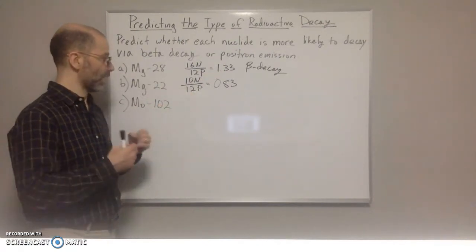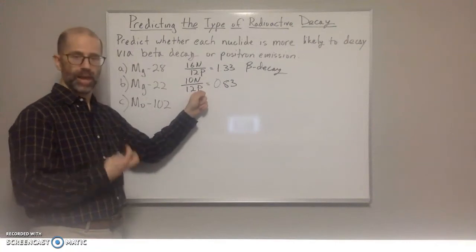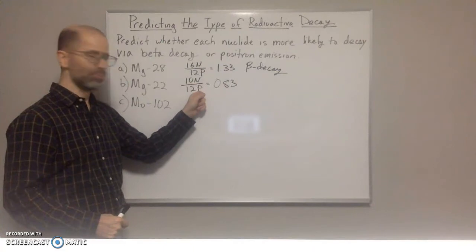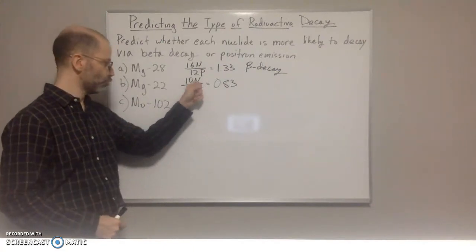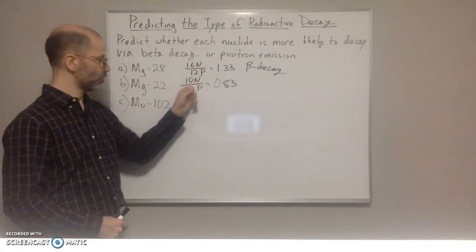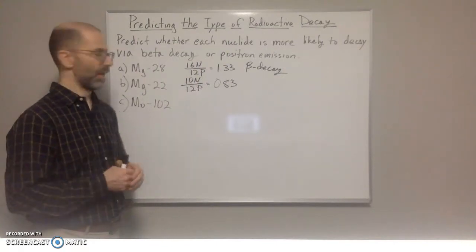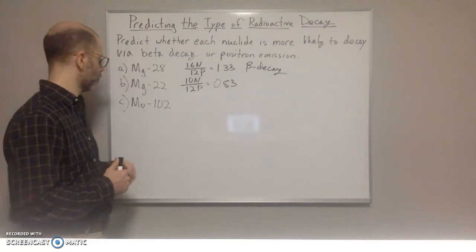So again, in positron emission, a proton emits a positron, a positive electron, and that proton becomes a neutron. So you lose a proton, you gain a neutron, so you're raising the ratio. So that's most likely going to happen for this one.